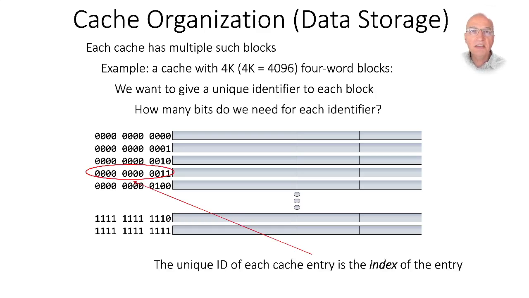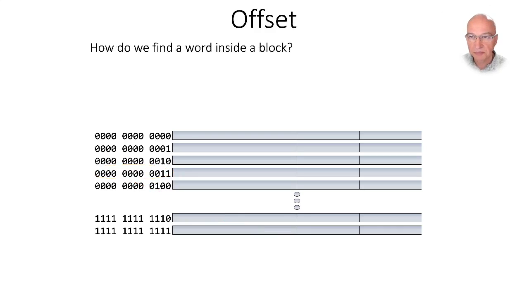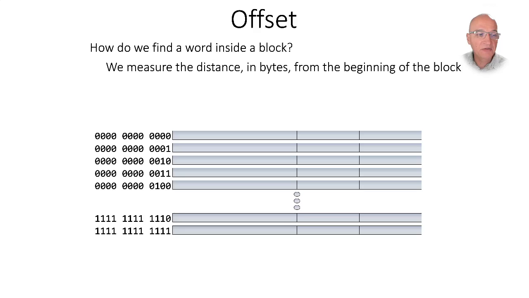The unique identification of each one of those cache entries or cache blocks is the index of that block or the index of that entry. How do we find a word inside the block? Now that I can identify a given block, I need to measure the distance in bytes from the beginning of the block to that word.